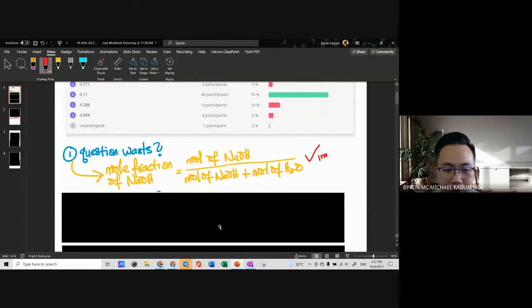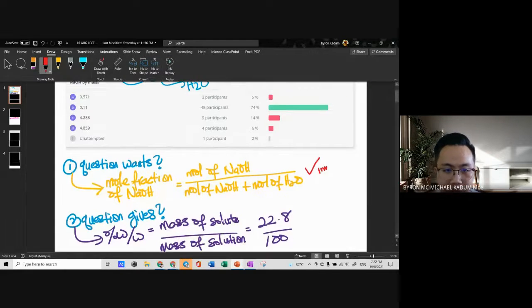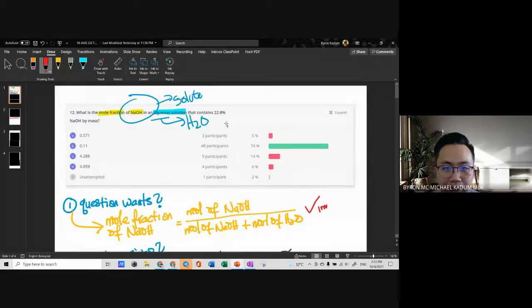So what does the question give? The question gives percentage by mass. How do you know that? Because when you read the question over here, it says that it contains 22.8% sodium hydroxide by mass. So that is what the question gives.